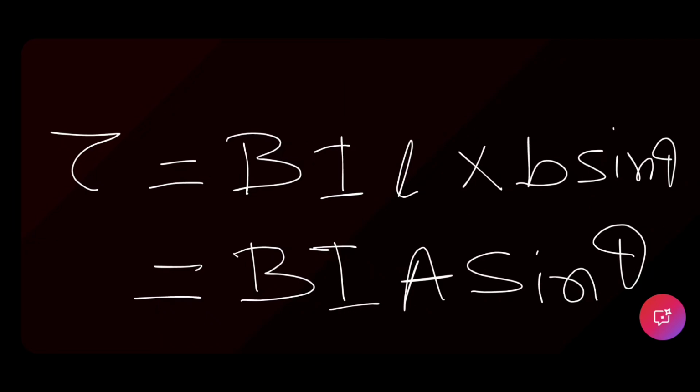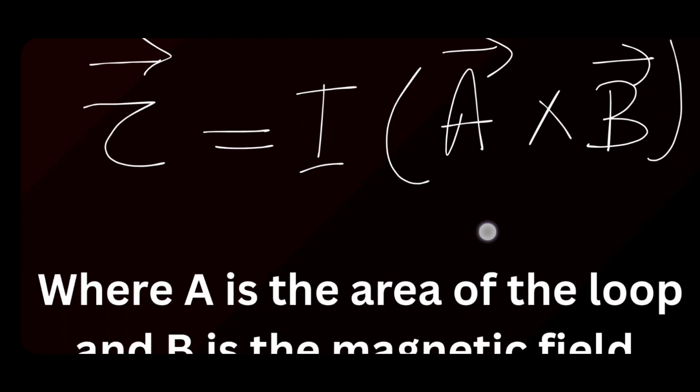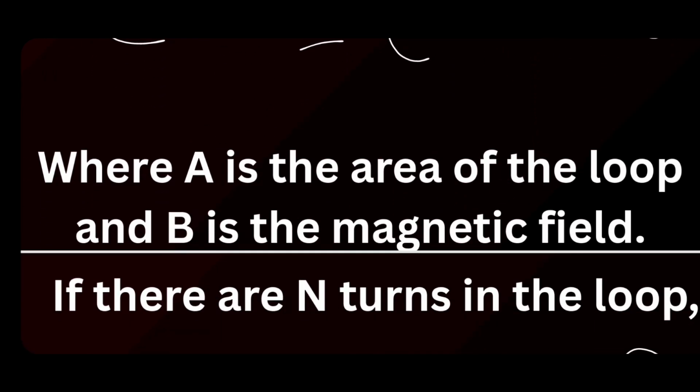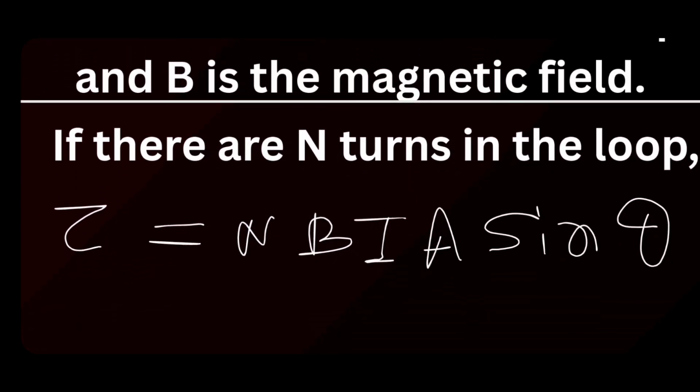Now we get tau equals B I L times B sin theta, B I A sin theta. We have replaced L times B by the area A, and we get tau equals I A cross B, where A is the area of the loop and B is the magnetic field. If there are n turns in the loop, then we get tau equals n B I A sin theta. This is the value of the torque which is acting on the loop due to the magnetic field.